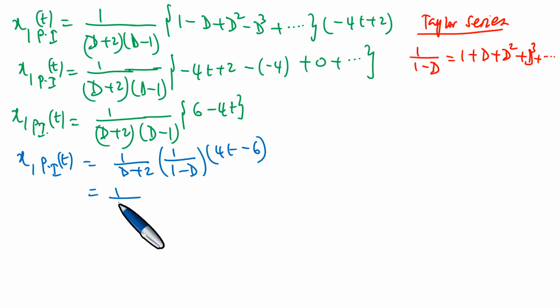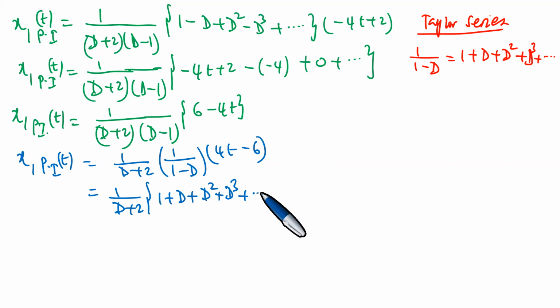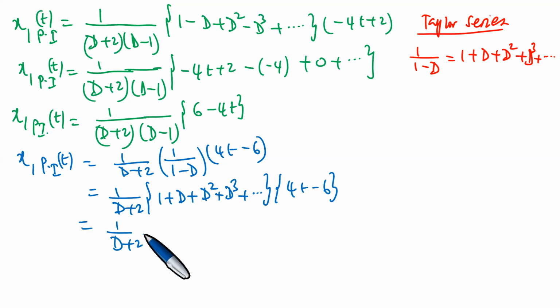So which means 1 over d plus 2. Now we have this one, using that one. It's 1 plus d squared plus d cubed. And then we have 4t minus 6. Okay. Now we let this operator operate on this linear expression. These being d plus 2. Okay, these times 1 is just 4t minus 6.